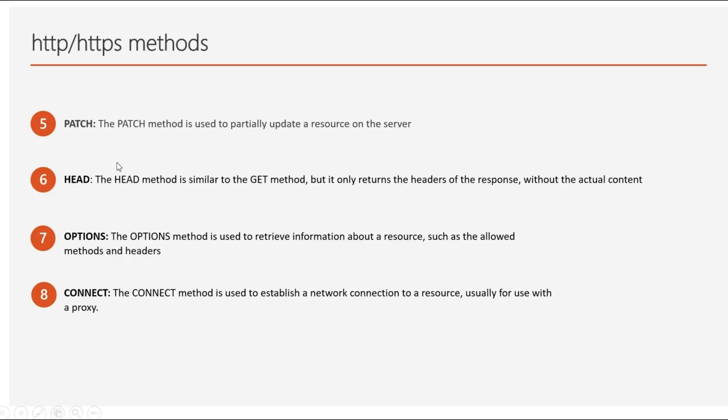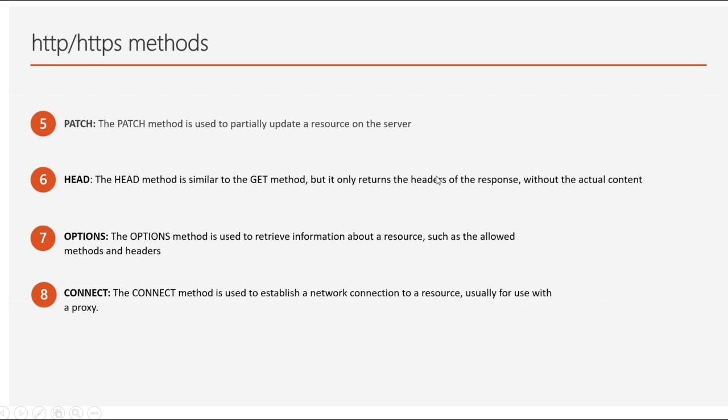Next, I'm talking about HEAD. When we call the HEAD method, it is similar to a GET method, but it only returns the header of the response, without the actual content. It will not return the body of the response.